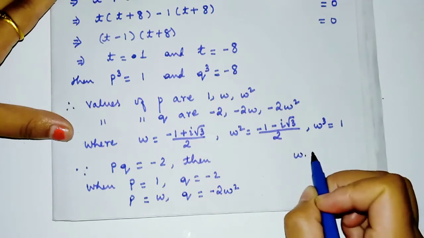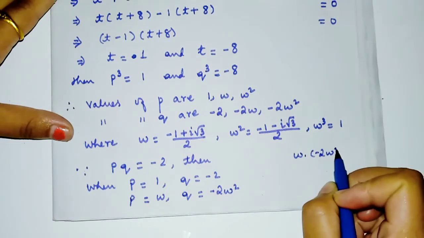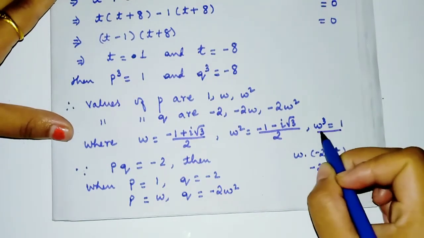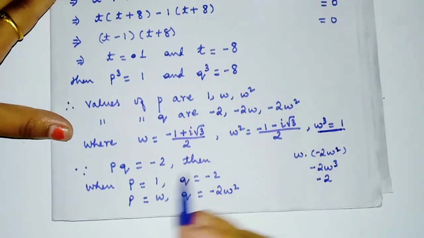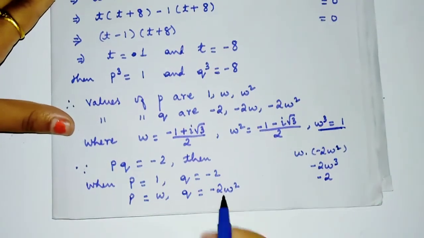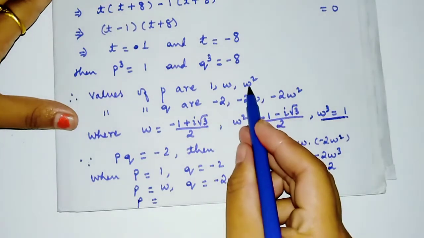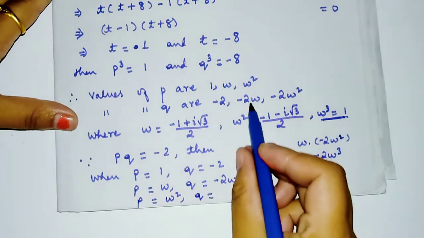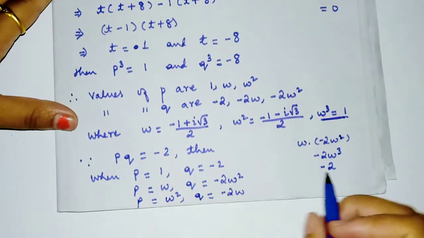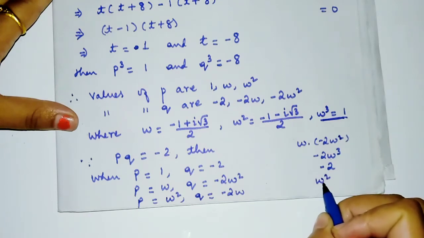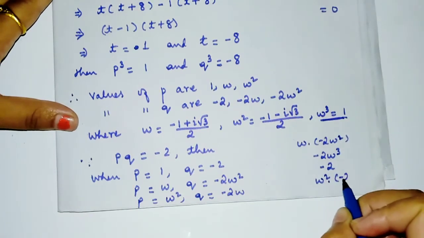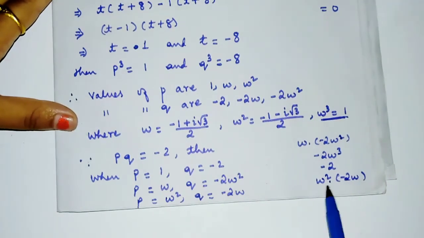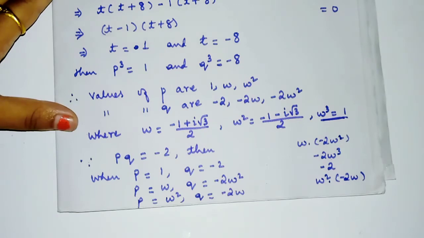Because omega into minus 2 omega square, we have minus 2 omega cube, but omega cube is equal to 1, so we have minus 2. Yes? And then when p is equal to omega square, q should be minus 2 omega. Why? Because when we multiply omega square with minus 2 omega, we get minus 2 omega cube, and that is equal to minus 2. Okay?